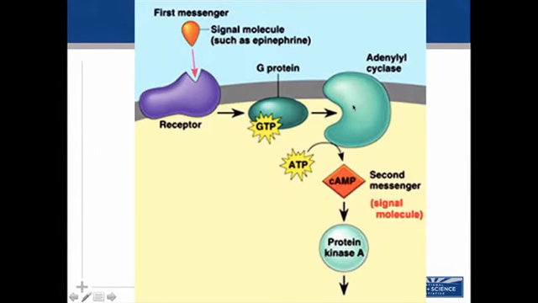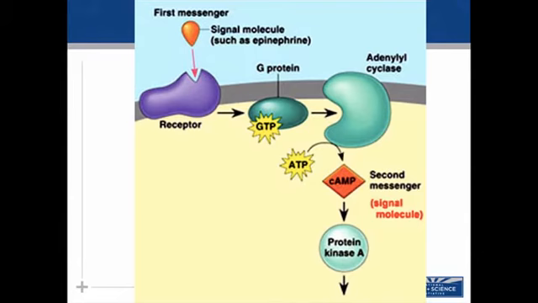And that cyclase enzyme then is going to result in communication with the second messenger, in this case cyclic AMP, and cyclic AMP then will activate the protein kinase, and that protein kinase is going to cause a chain reaction and result in the amplification of that signal inside the cell.